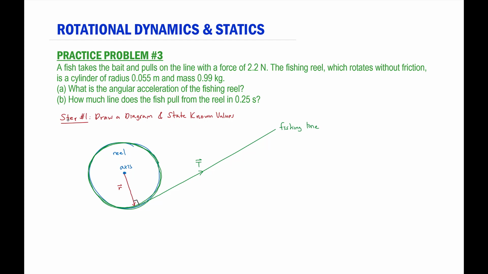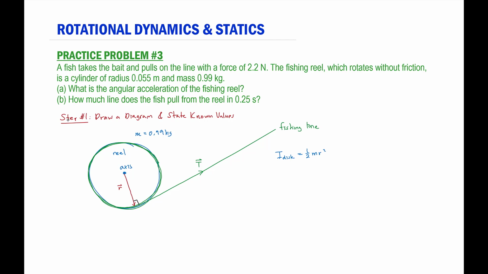So apart from this, there's a few other things. We know that the mass of the reel is 0.99 kilograms. We also know that this is a solid wheel. So that means if we are to calculate the moment of inertia, the moment of inertia of a solid disk is equal to 1/2 mr squared.